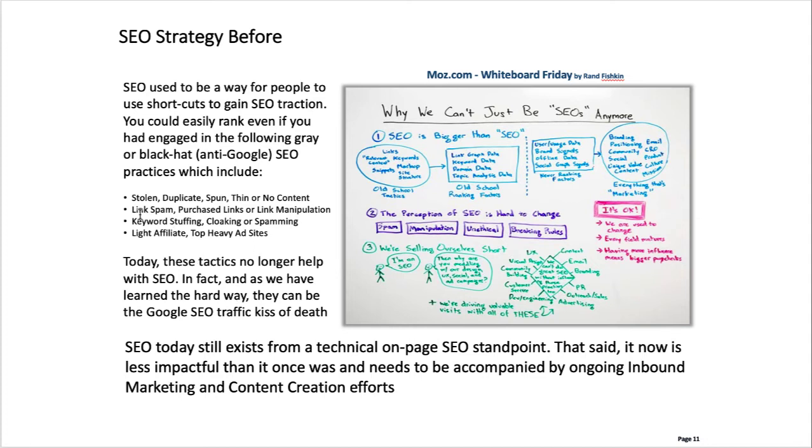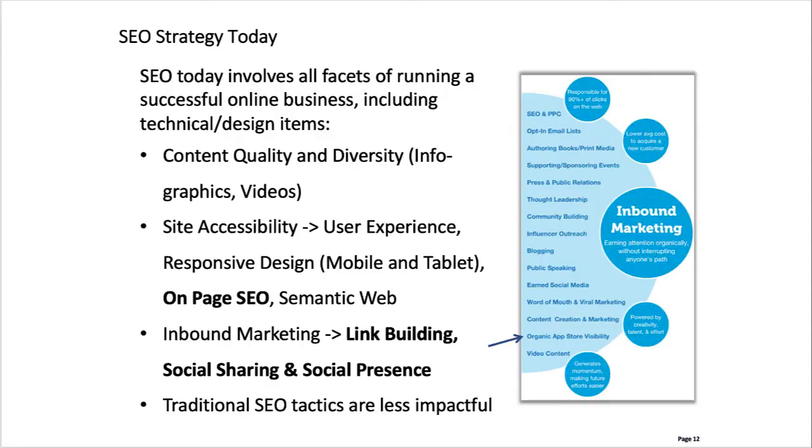There's also link spam, purchased links, and using affiliates. Today, those tactics no longer help with SEO. In fact, if we are doing that black hat SEO nowadays, a search engine like Google will actually penalize the website for doing that. So how do we do SEO today?